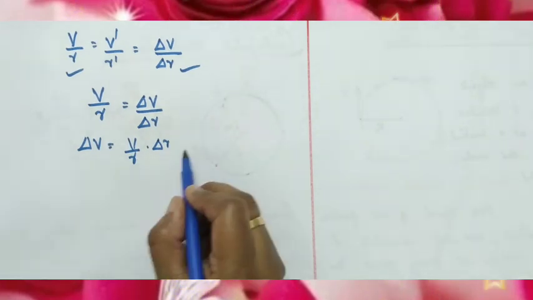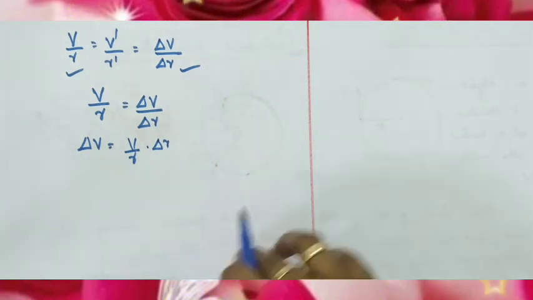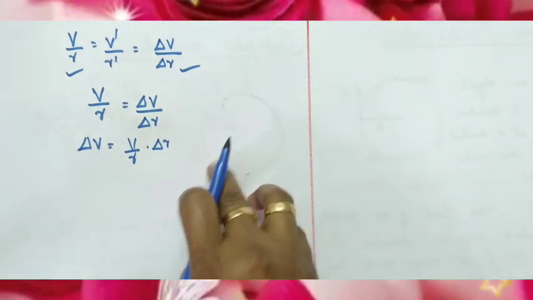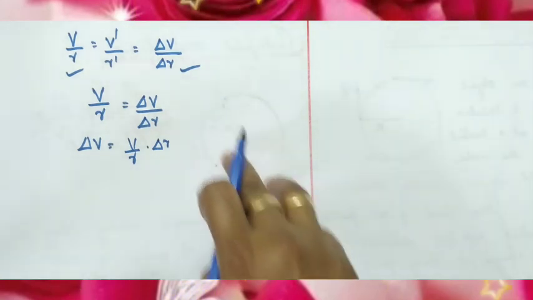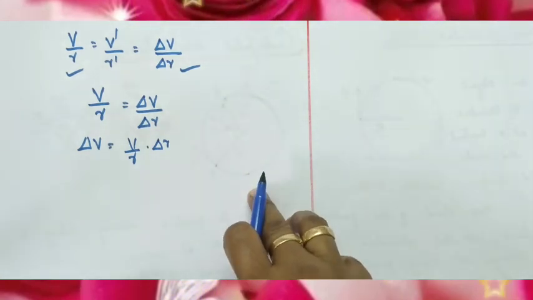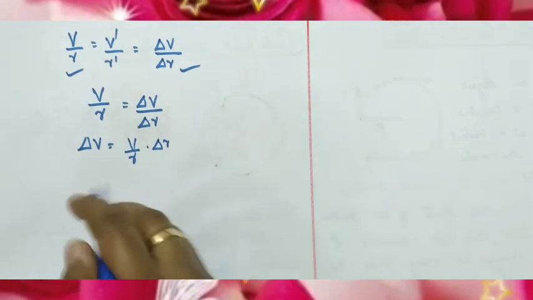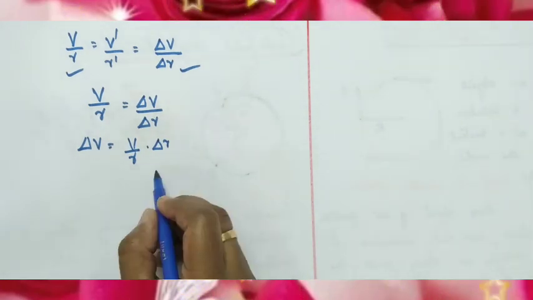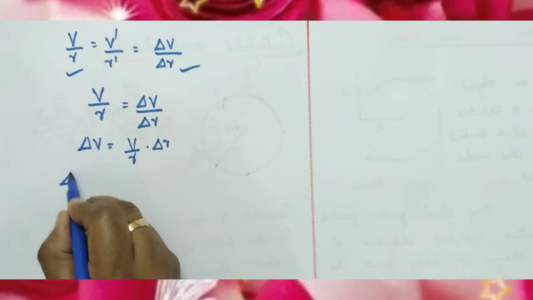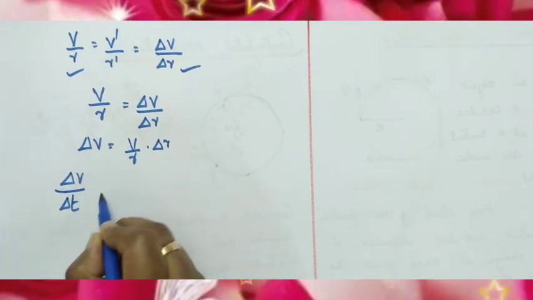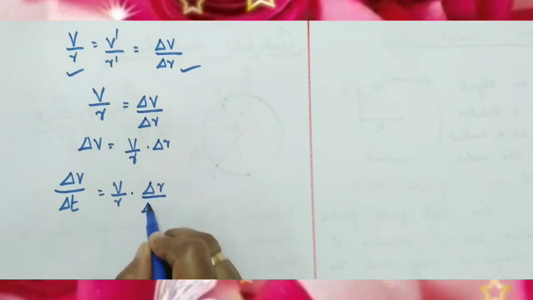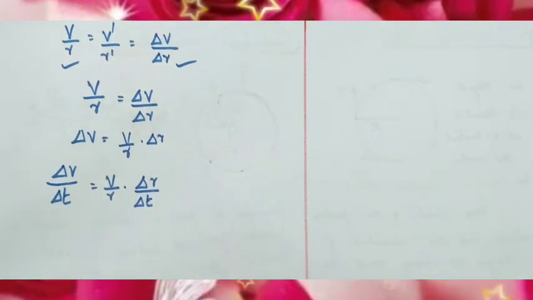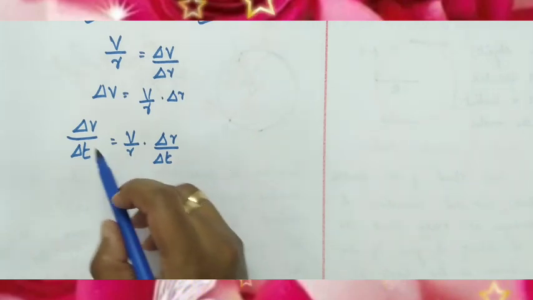Now divide the whole equation by time, delta t. Let the object move from P to P dash in the time delta t. So we have the initial position P and final position P dash, and the object is moving from P to P dash in a time interval delta t. Now we divide the whole equation by delta t. So delta v by delta t equal to v by r into delta r divided by delta t. What is this delta v by delta t?